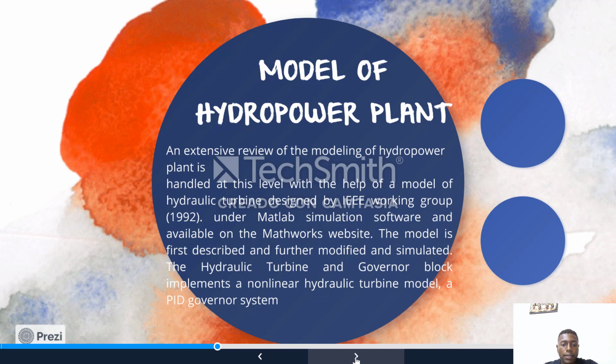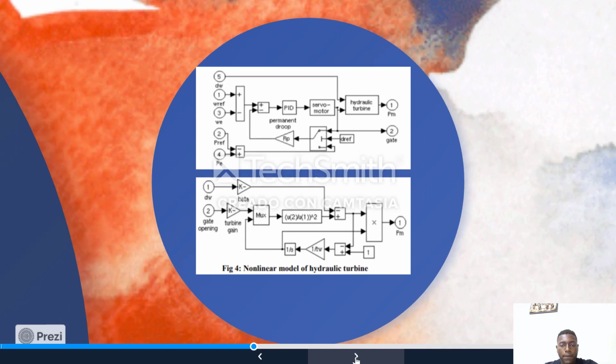The model is first described and further modified and simulated. The hydraulic turbine and governor block implement a nonlinear hydraulic turbine model and PID governor system. For example, the circuit in MATLAB projections.